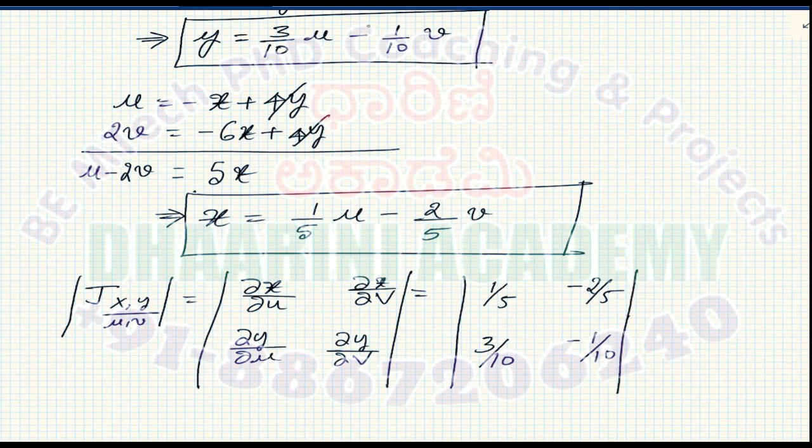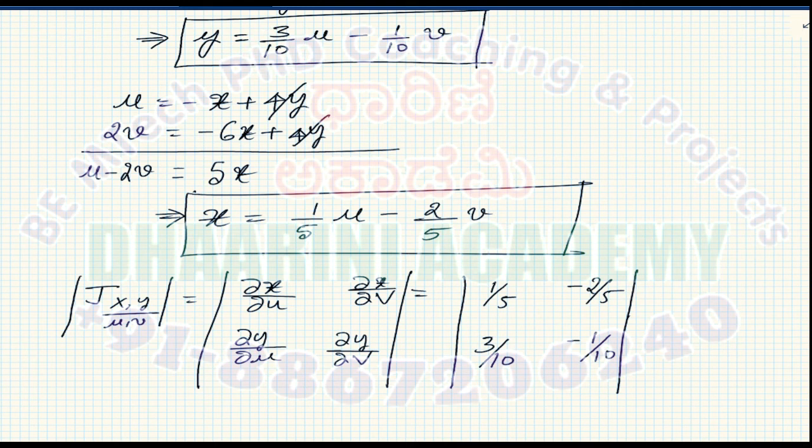Simply differentiate. If you want dou x by dou u, differentiate with respect to u. Anyway, v I eliminate, it's not a function, it's 1 by 5, so you write 1 by 5. For y, differentiating the top one with respect to u, it's 3 by 10. In the same fashion, we can calculate further.